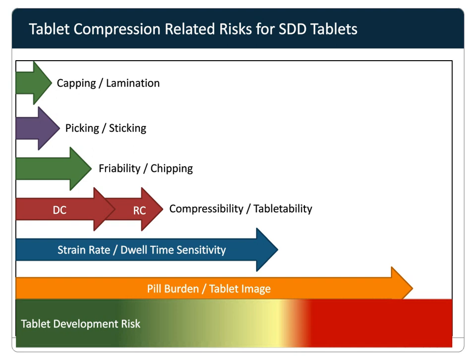So by gaining a really good understanding of the mechanical properties of the SDD, we can not only mitigate the two risks associated with the mechanical properties, we can also decrease the tablet image by optimizing SDD concentration in the tablet through rational excipient selection.